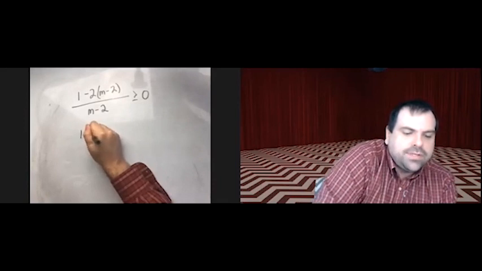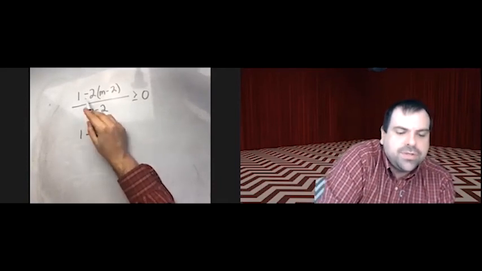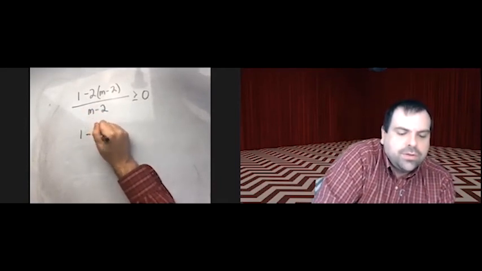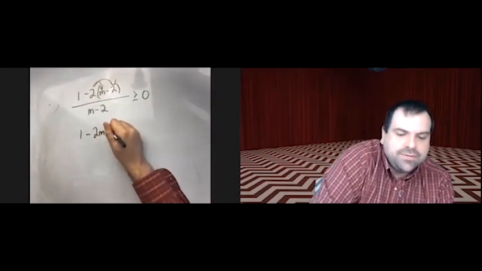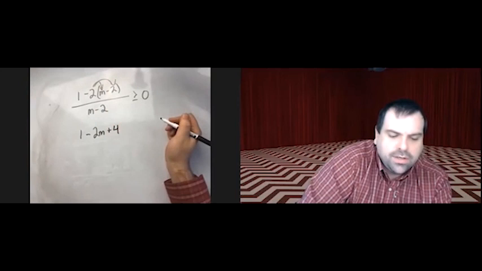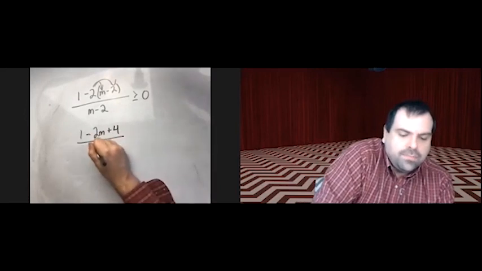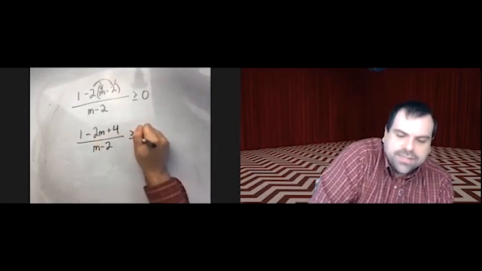Simplifying the top, distribute that 2, distribute the -2. 1 minus 2m, -2 times -2 is plus 4, all over m minus 2, almost done simplifying.